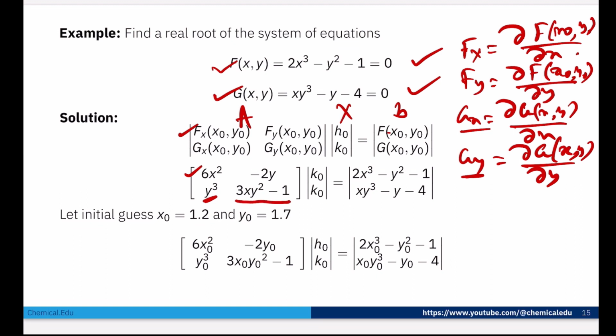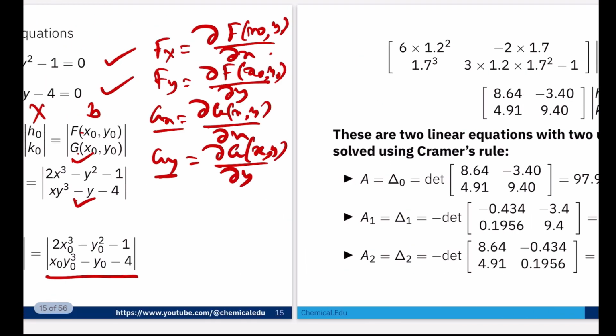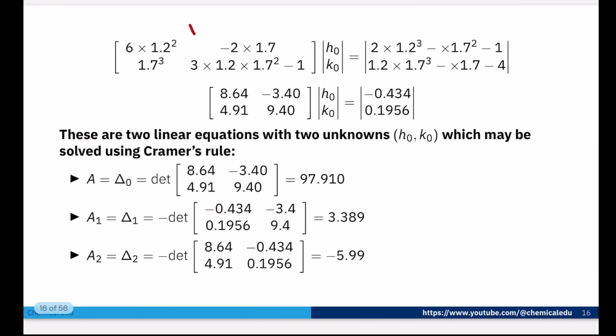And these are the functions f and g. Now we plug x0 = 1.2, y0 = 1.7 into these equations, so I finally get this. Now we put in the numerical values, x0 = 1.2, y0 = 1.7.